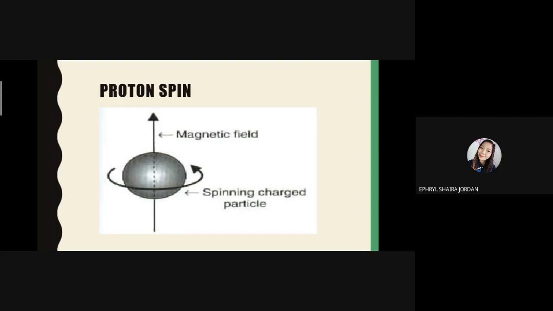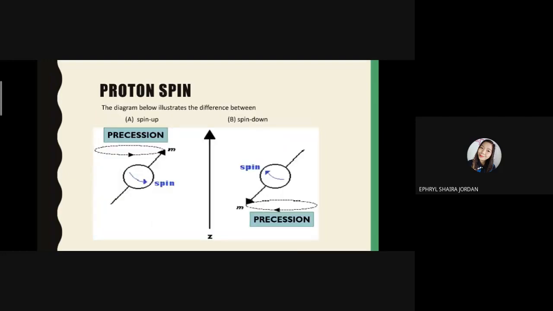When you say proton spin, this diagram below illustrates the difference between spin up and spin down. If you say spin up, directed siya sa direction ng magnetic field. But if it's on the opposite way, it is called spin down.